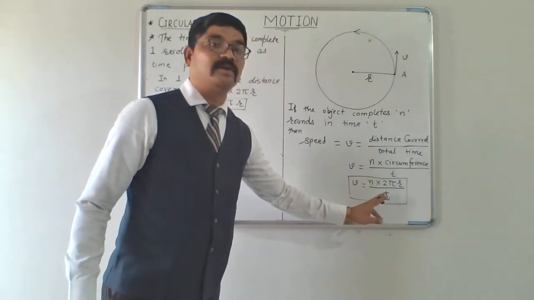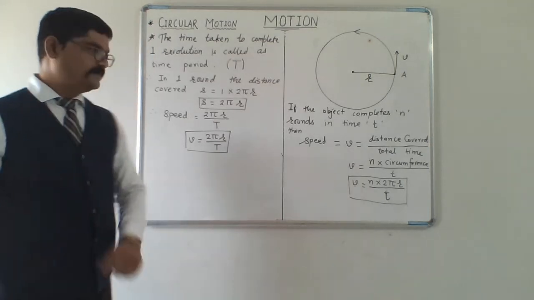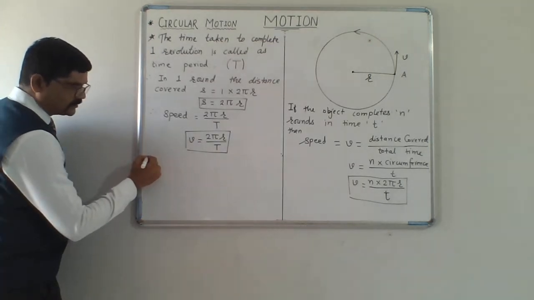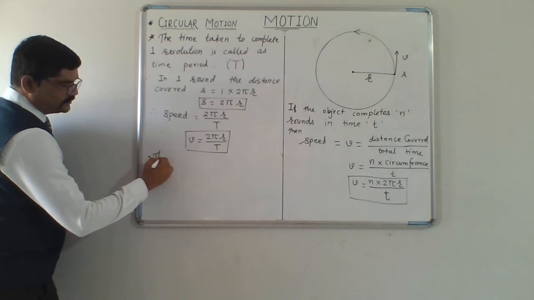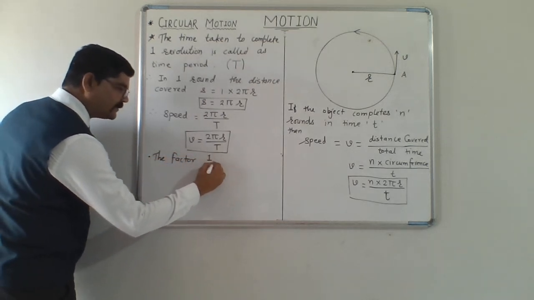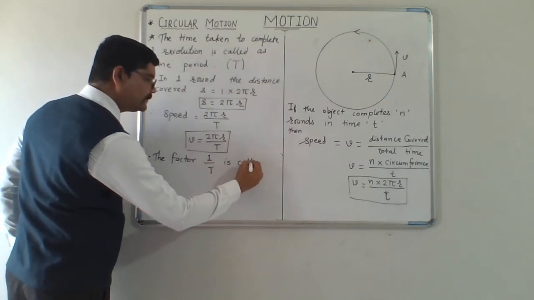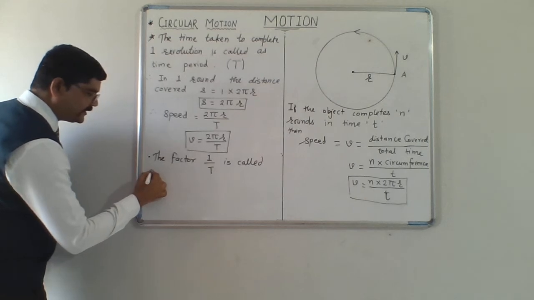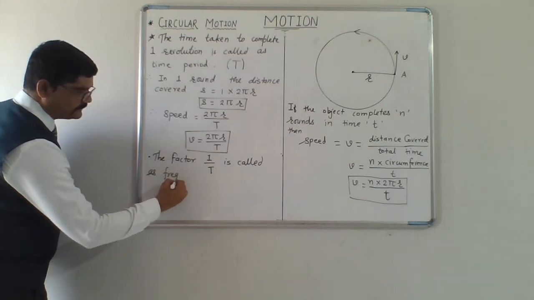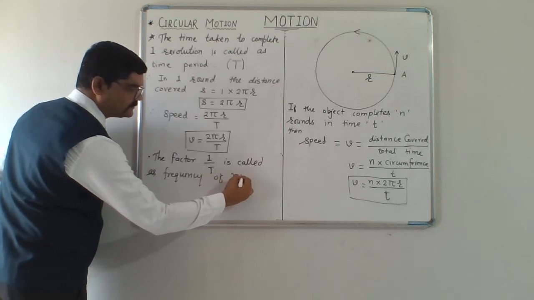This is for total number of turns or rounds, and this is for only one round. Also, the factor 1 upon T is called the frequency of revolution.